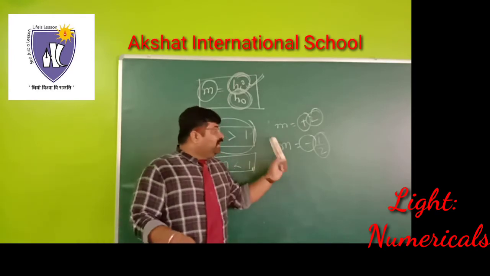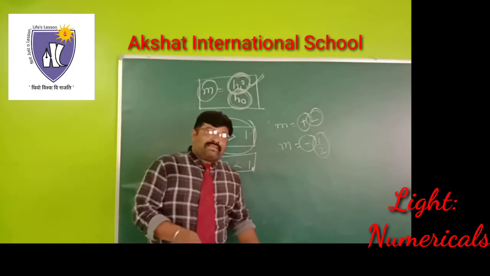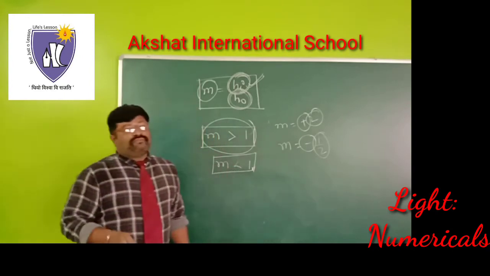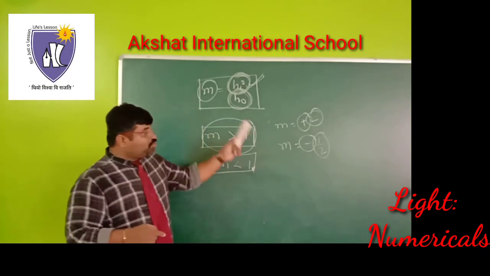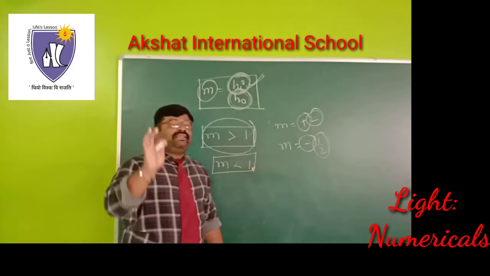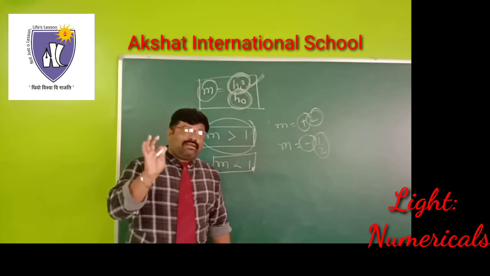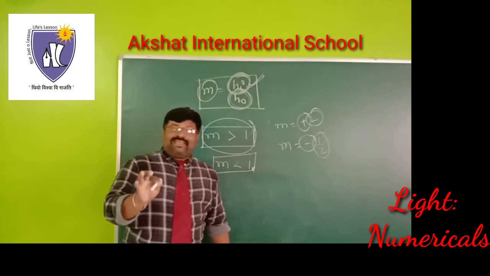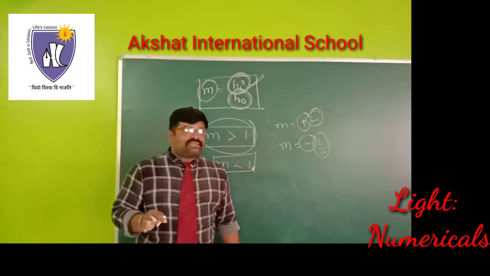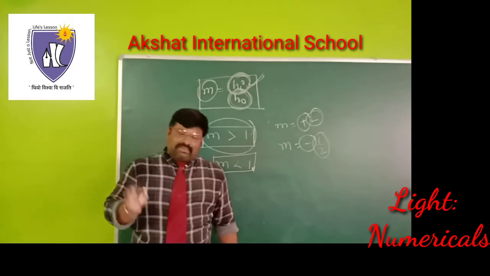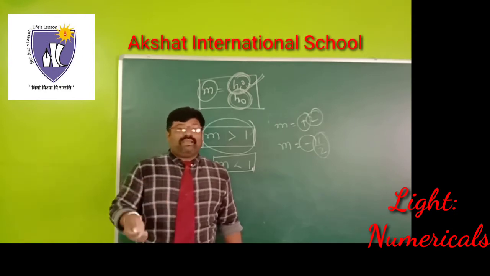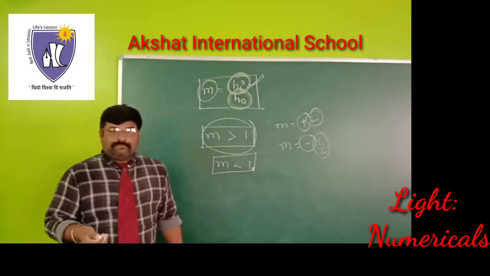That means the image formed is real and inverted, smaller than the size of the object. So just by seeing the sign and the numerical value of m, we can find out whether the image is enlarged, diminished, virtual and erect, or real and inverted.